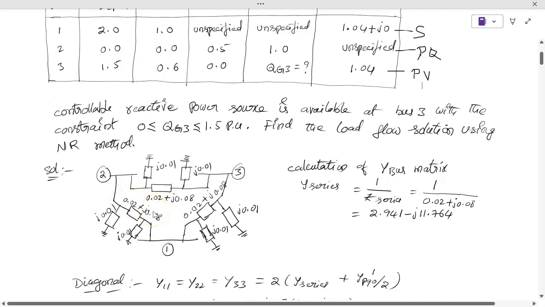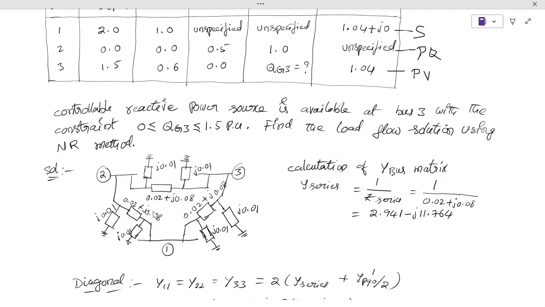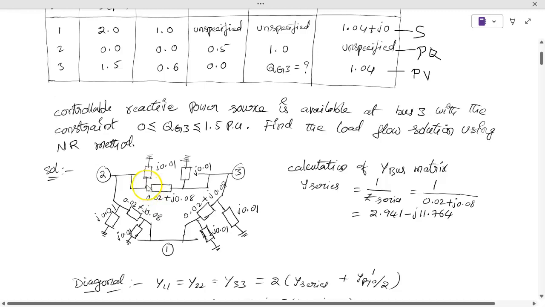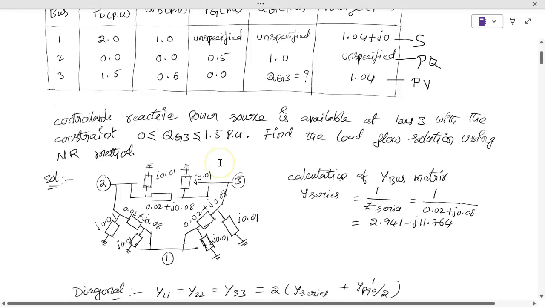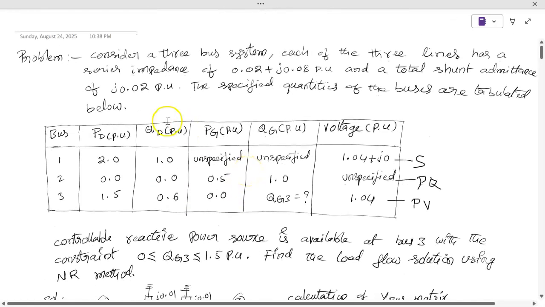And coming to the shunt admittance, while drawing any line, while representing shunt admittance, first we need to represent that line as a pi network. For each wing of this pi network, half of the shunt admittance we need to assign. Here the total shunt admittance they have given for each line is j 0.02.